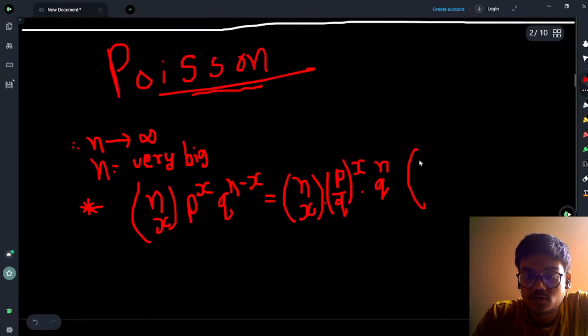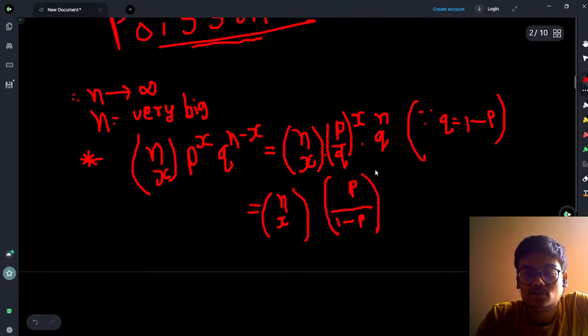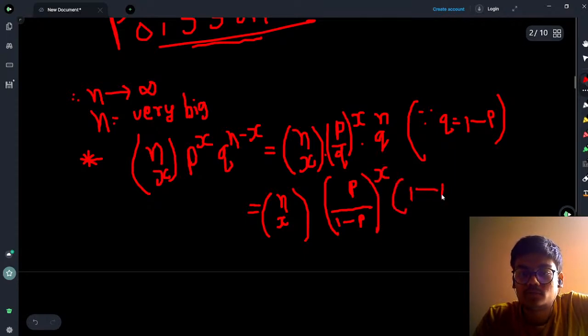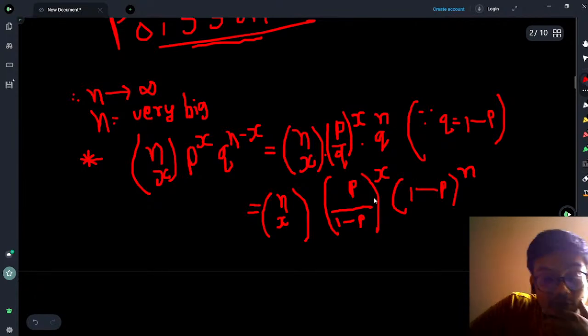Now we also know that q equals 1 minus p, so replace it: ncx (p upon 1 minus p) raised to x, and again replacing q, into (1 minus p) raised to n.